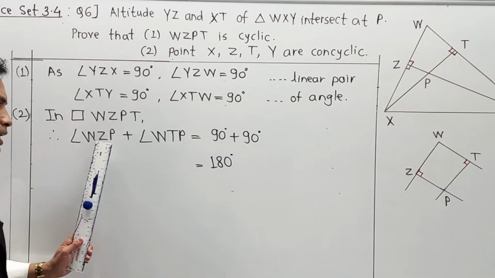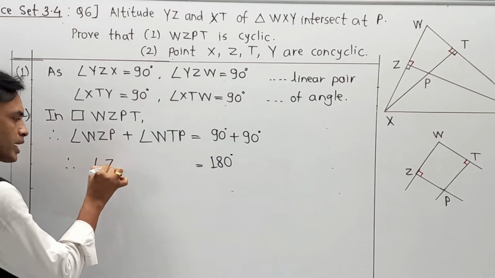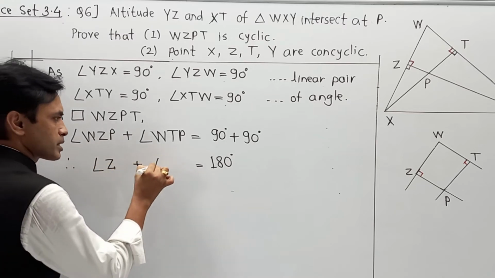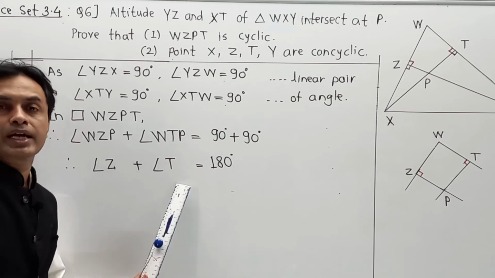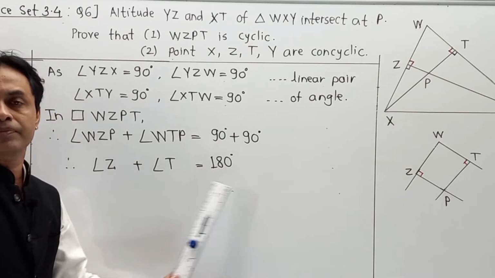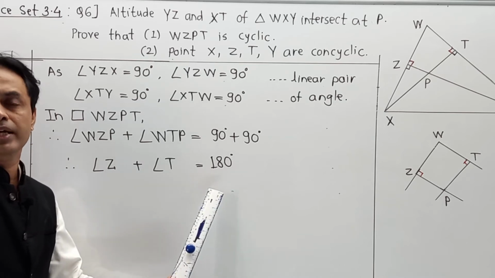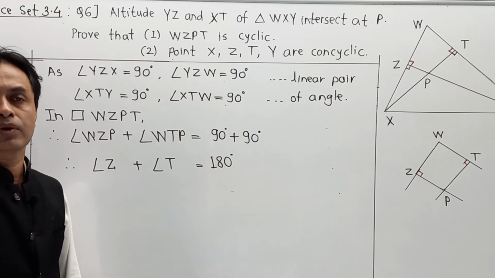In short, you can also write just angle Z plus angle T. Now these are opposite angles of the quadrilateral and their addition is 90 plus 90, which becomes 180. If opposite angles of a quadrilateral are supplementary, then that quadrilateral is called a cyclic quadrilateral.